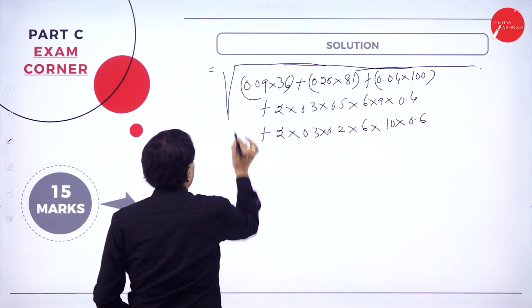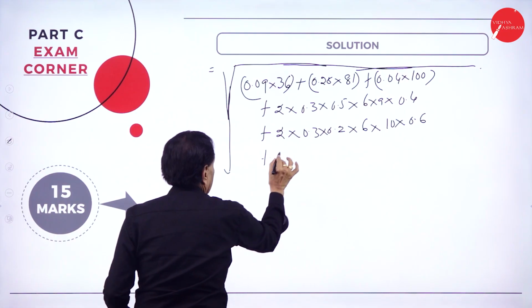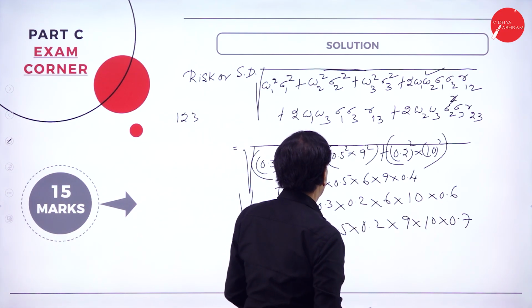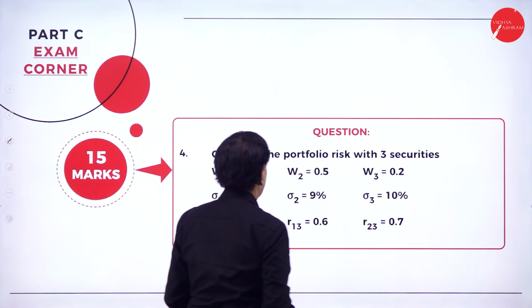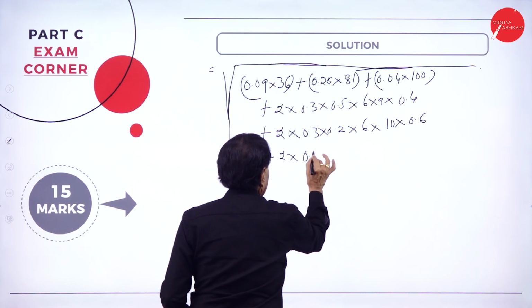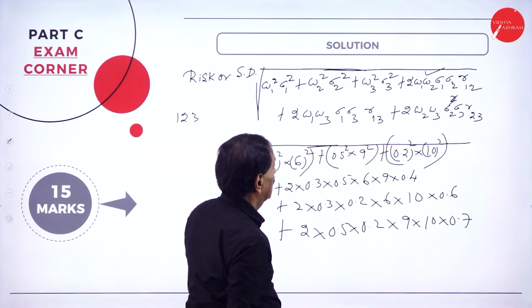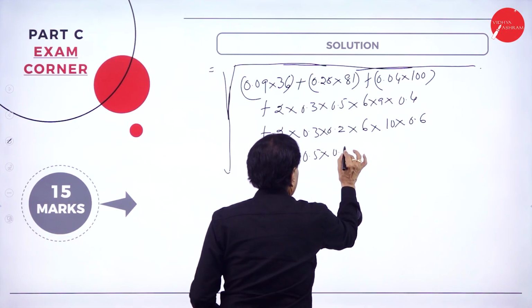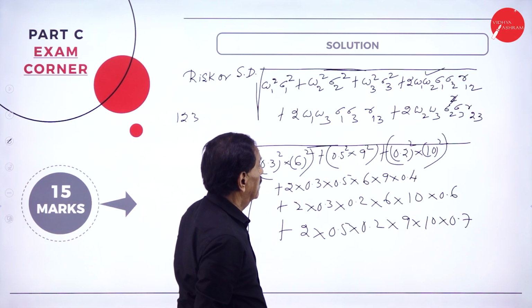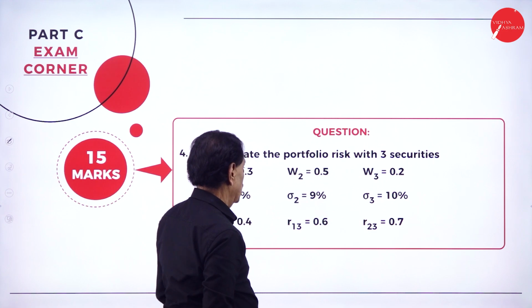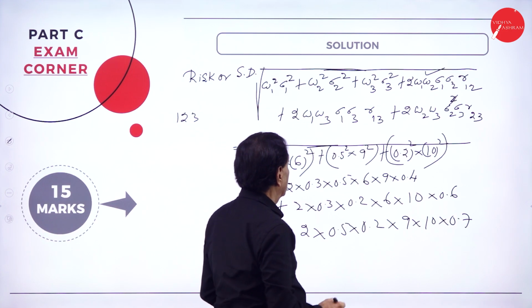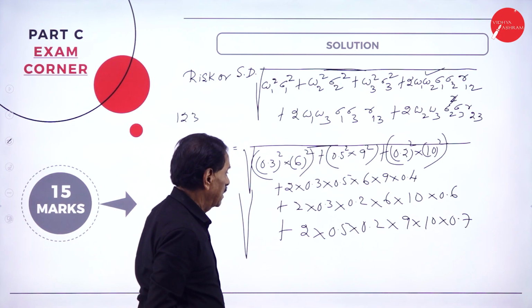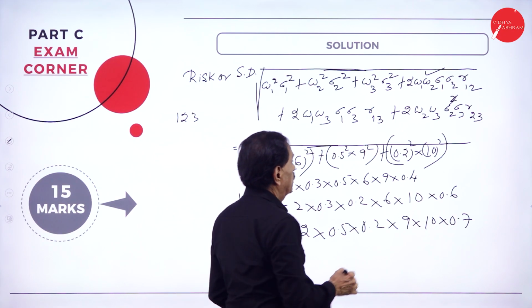Plus 2 into W2 0.5, then W3 0.2, into standard deviation 2, standard deviation 3, 9, 10, into correlation 2,3, 0.7.